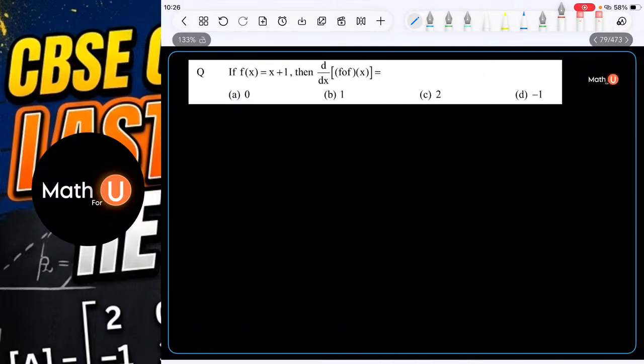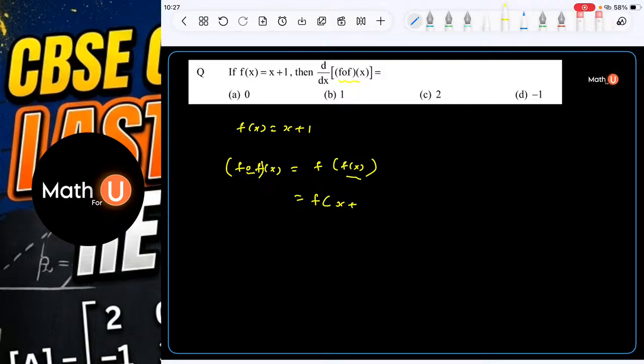Then this is the question. Here f of x is given as x plus 1. We have to differentiate this composite function f o f x. If you remove the o, it can be written as f of f of x. f of x is nothing but x plus 1.